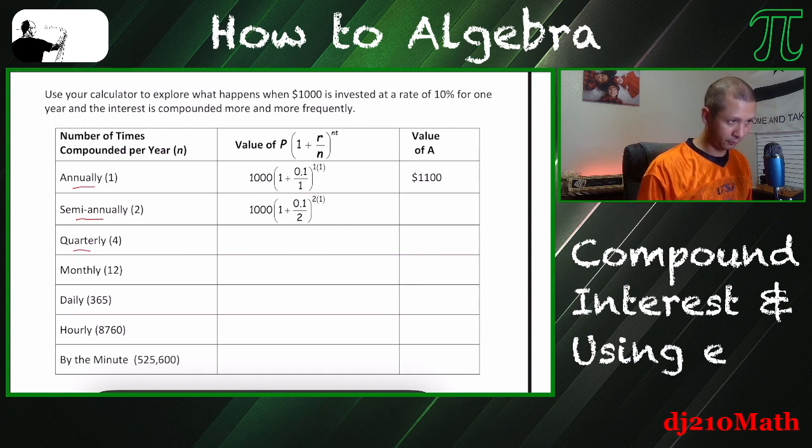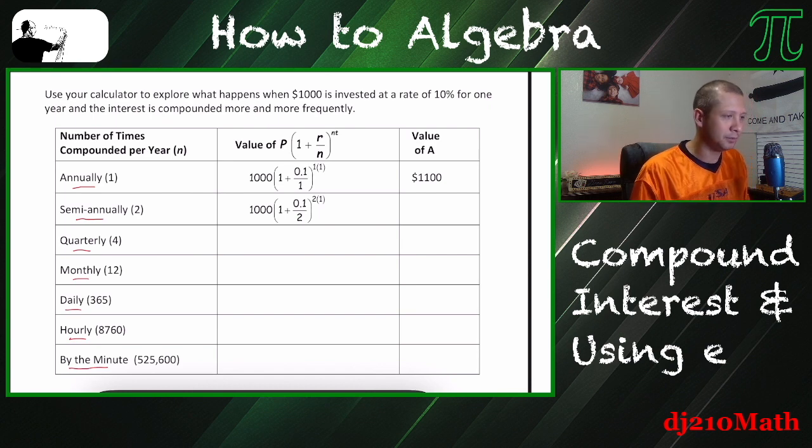Quarterly, 4 quarters in a year, so N equals 4. Monthly, there are 12 months in a year. Daily, 365 days in a year. Hourly, 8,760 hours in a year. And by the minute, 525,600.